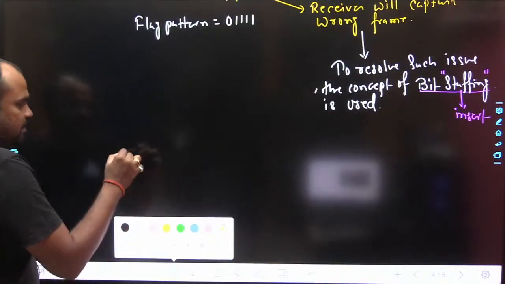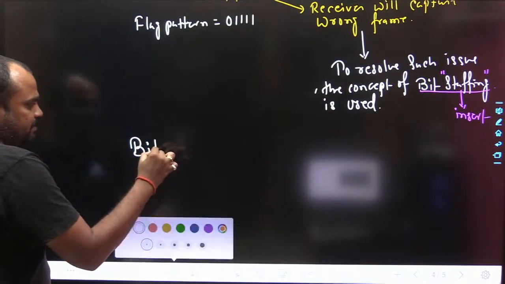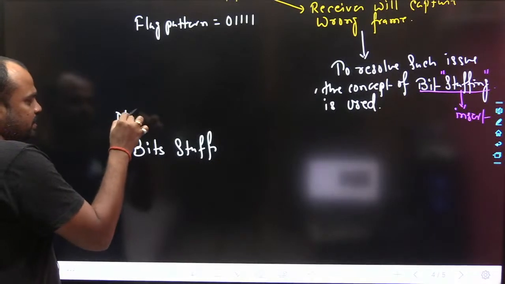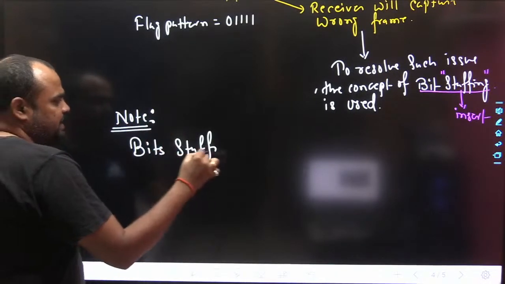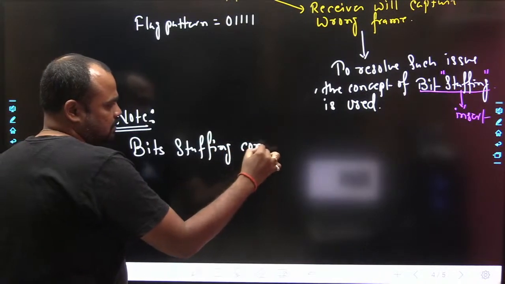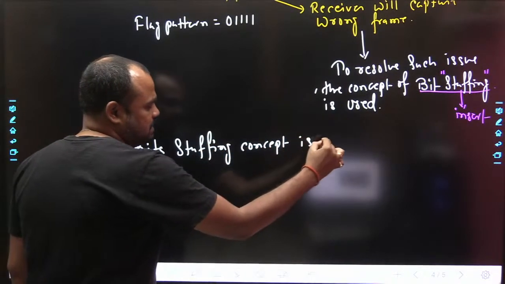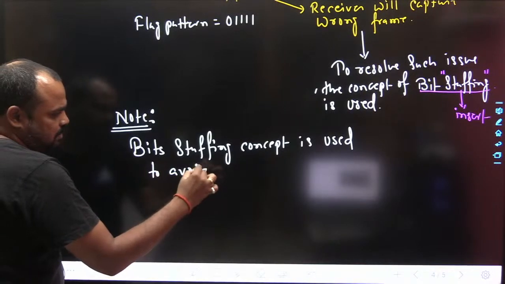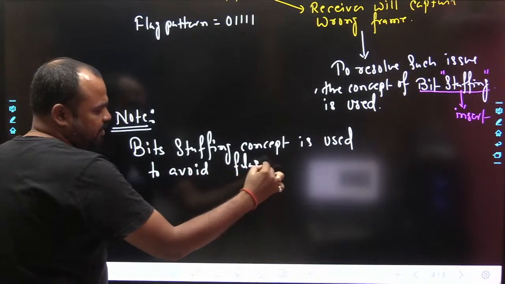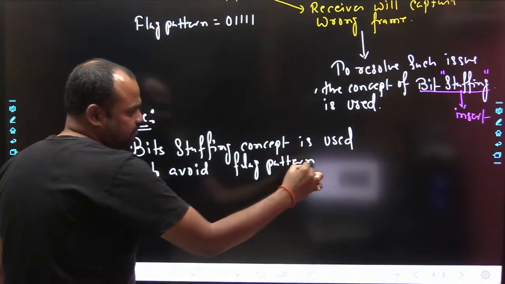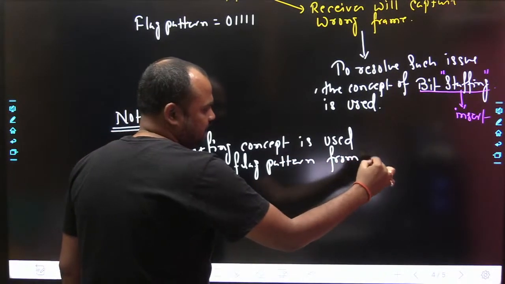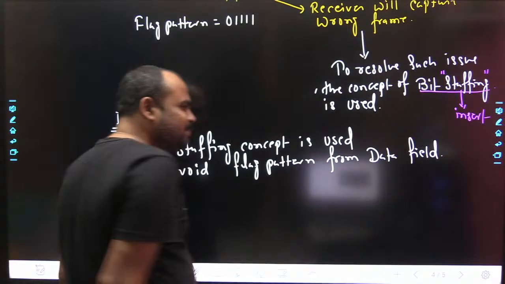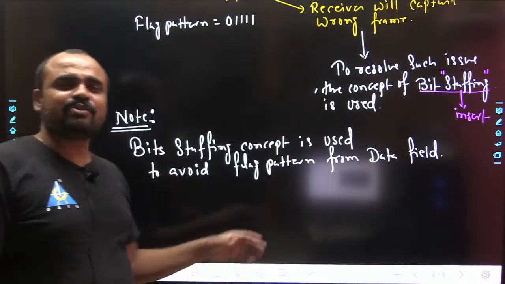So basically, bit stuffing, you can just note it down: the bit stuffing concept is used to avoid the flag pattern from the data field, because our ultimate target is to remove the flag pattern from the data field.